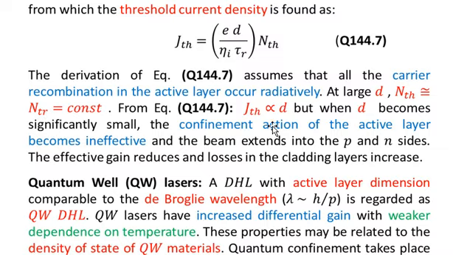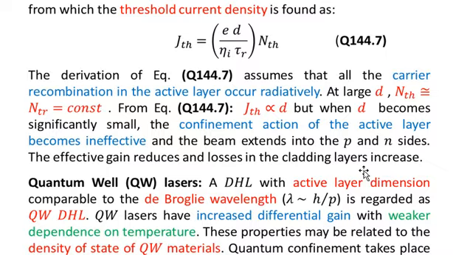From equation number 7, J threshold is directly proportional to D, but when D becomes significantly small, the confinement action of the active layer becomes ineffective and the beam extends into the P and N sides. The effective gain reduces and losses in the cladding layers increase.